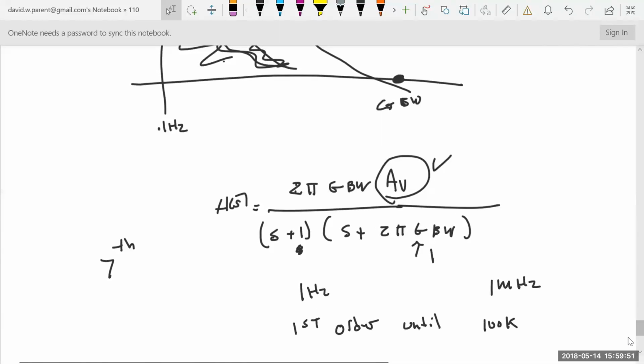So remember that first model where it's just the gain bandwidth divided by S? Well, when these are separated by such a large distance, in a lot of cases, you can interpret it as first order.